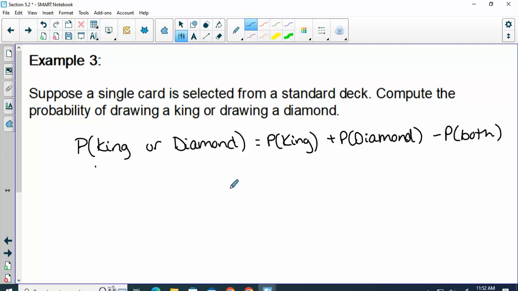Alright, let's say excluding jokers. How many cards are in the deck? 52. How many of those are kings? 4. Alright, out of my 52 cards, how many of them are diamonds? Out of those 52 cards, how many are both a king and a diamond?